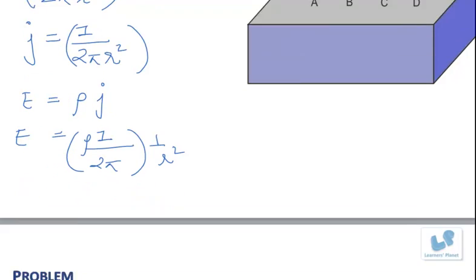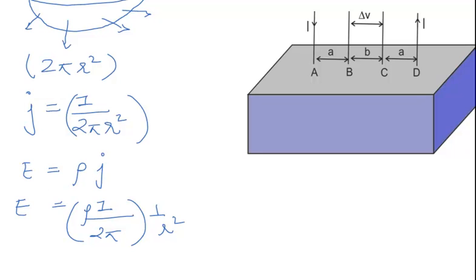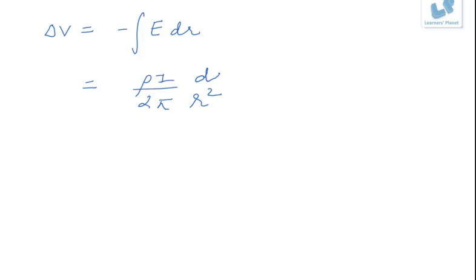Now we know that potential difference delta V is given by negative integral of E dr. Now the value of E is rho I upon 2 pi r square, dr, integral with a negative sign.